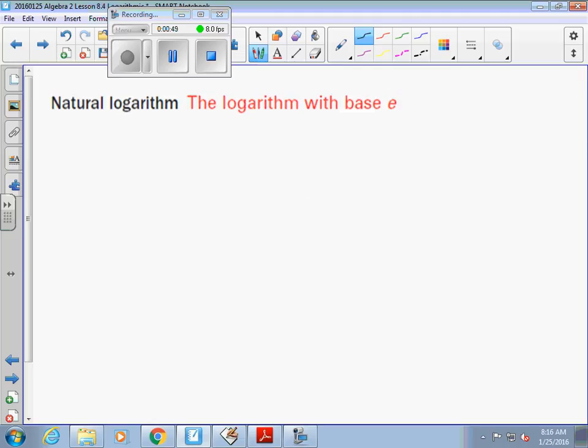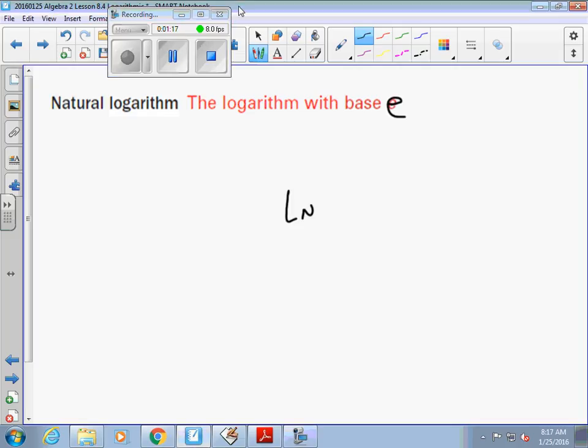So it has a base of 10 if there's no number. A natural log has a base of e. That letter is e. Anytime you see natural logs, they won't be written with the word log at all. It'll be written with LN. Notice, you ought to have calculators sitting in front of you. You'll see another button that says LN. That's for log natural, or natural log.